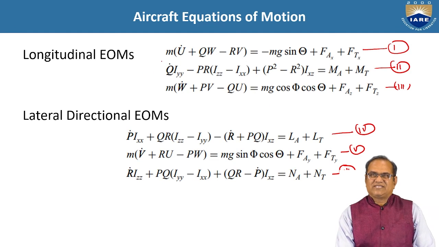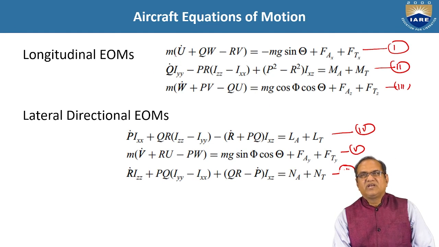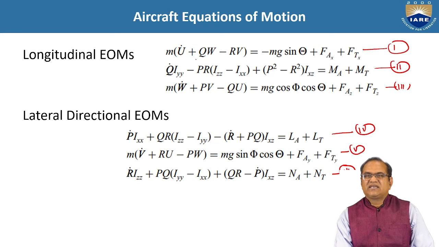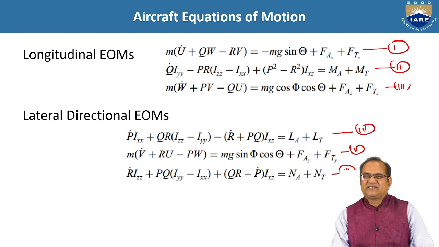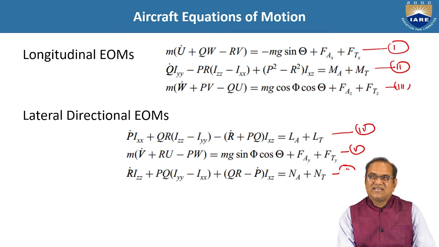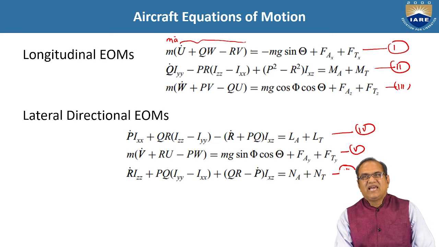These 3 equations, if you see, m u dot plus qw minus rv is equal to minus mg sine theta plus fax plus ftx, where u dot is an acceleration. This is what? It is a ma. All these terms are acceleration.